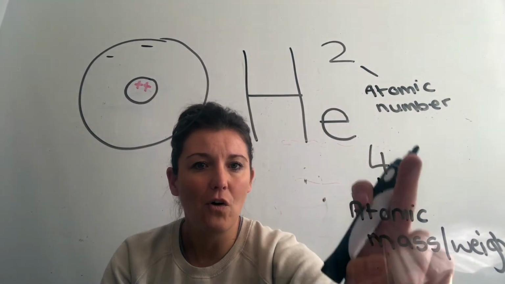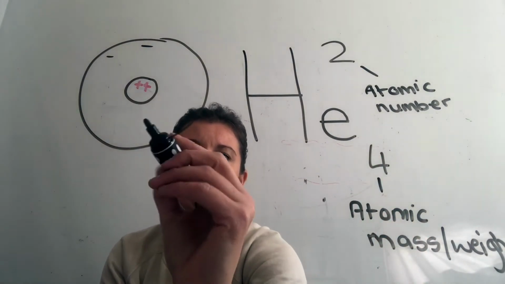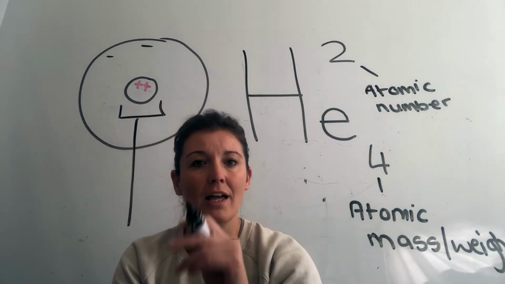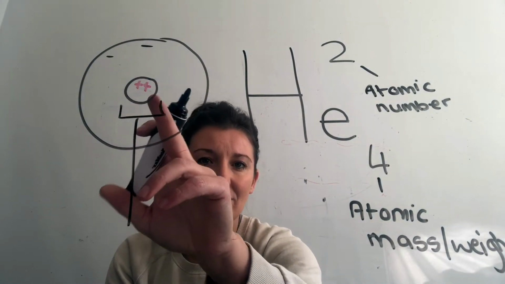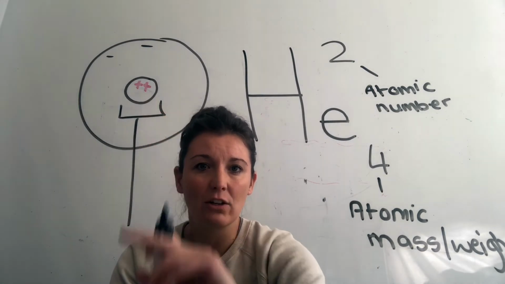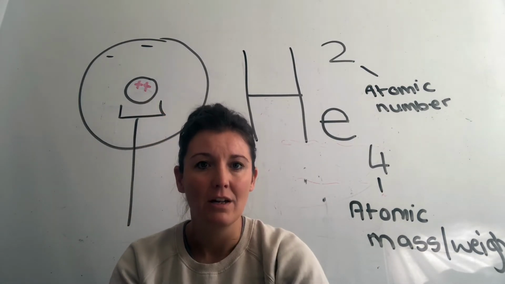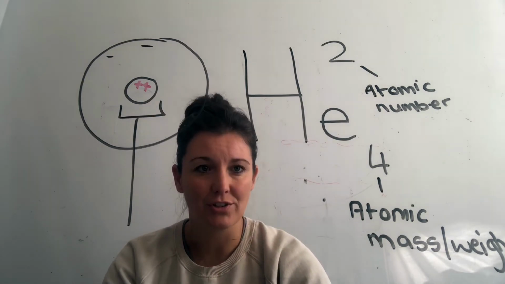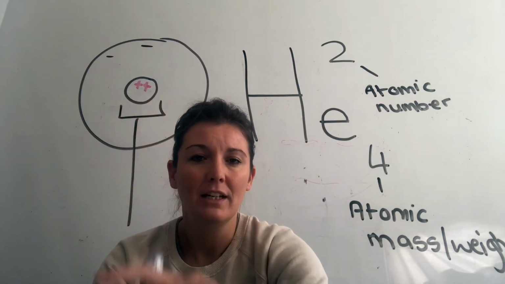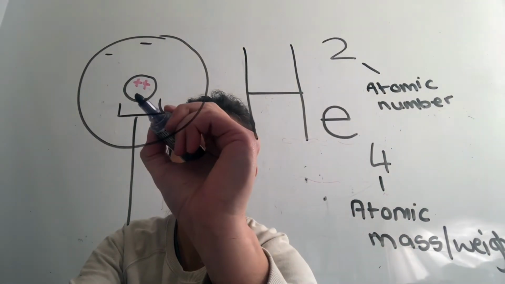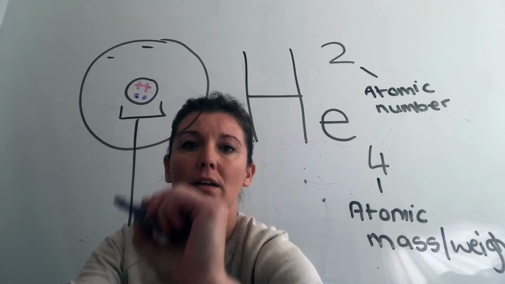And then that 4 at the bottom tells us that in total, everything inside the nucleus will add up to 4. We've already got 2 pluses. What else could we put in the nucleus? The neutrons. So we need 2 more neutrons to get to number 4. So we'll put 2 little dots there.